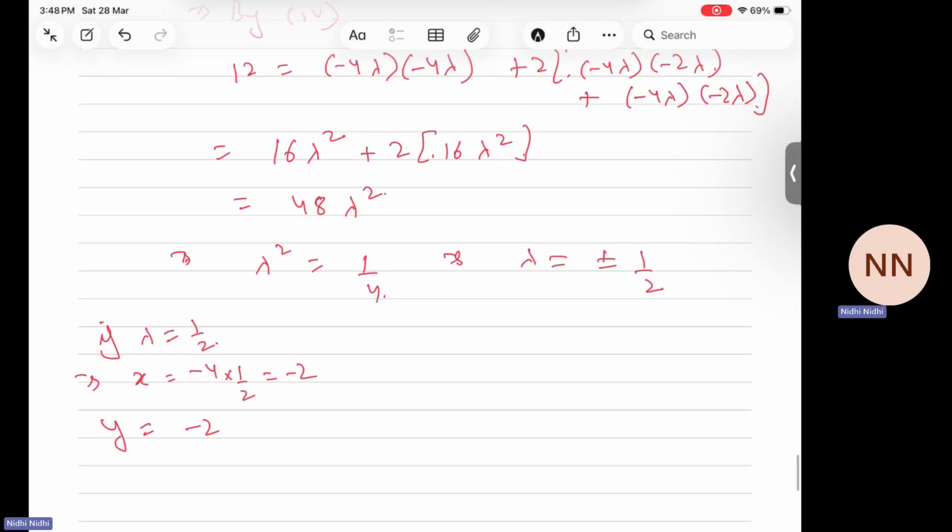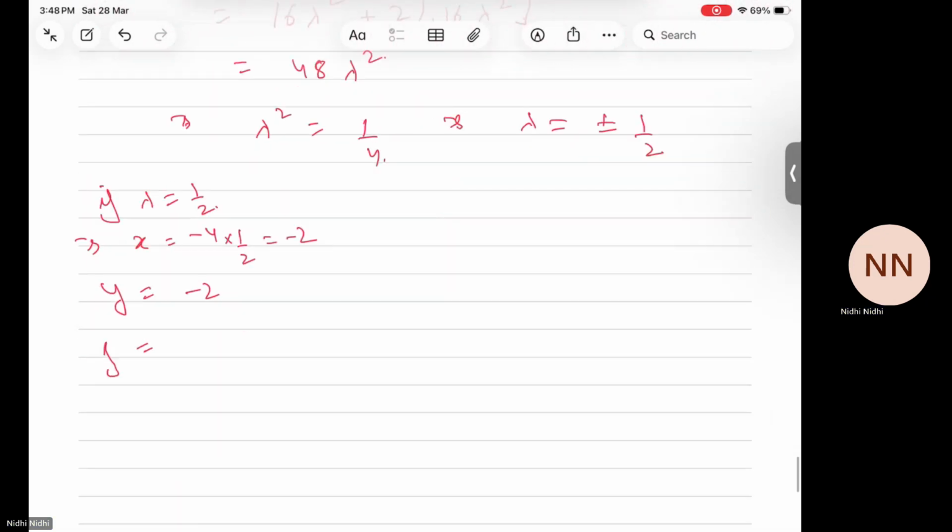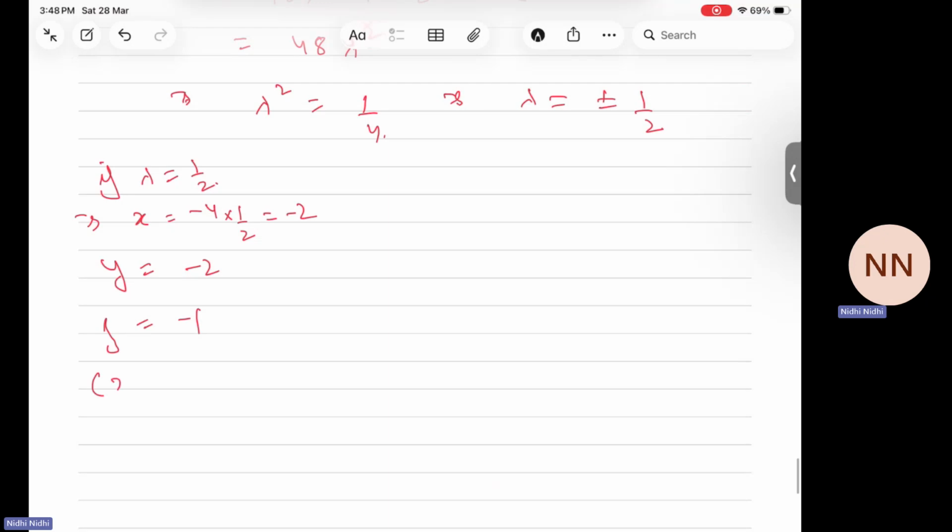Y will also be minus 2, and z was minus 2 times lambda, so that will be minus 1. So the next point is minus 2, minus 2, minus 1. And if lambda is equal to minus 1 by 2, in that case x will be 2, y will be 2, and z will be 1.